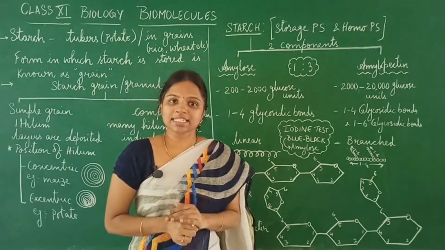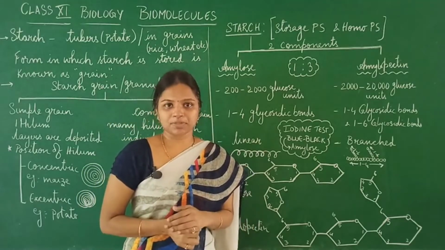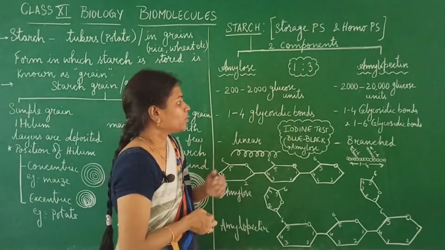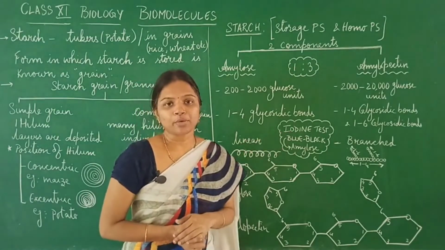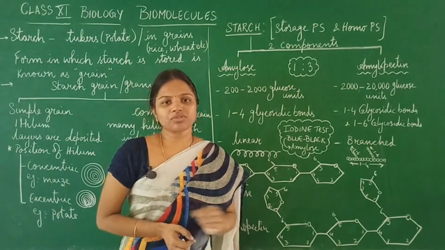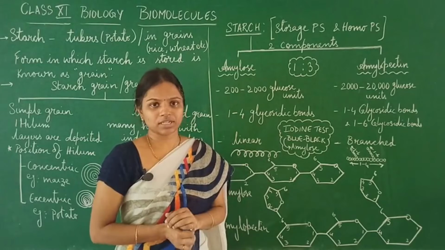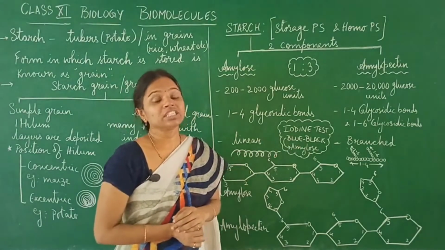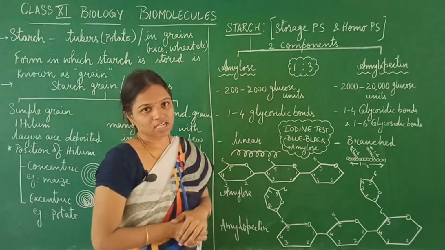When we test a food substance for the presence of starch, we usually go for the iodine test. When we pour 2 or 3 drops of iodine on the food material, it turns blue-black, denoting the presence of starch.